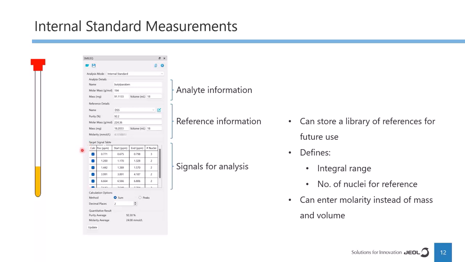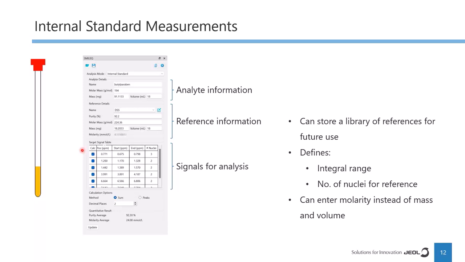We then have a target signal table. So this is a table that gets generated when you undertake an analysis of your spectrum, either manually or automatically. So either you can set integral ranges on your spectrum manually, or you can use automatic integration, and that will generate this target signal table.